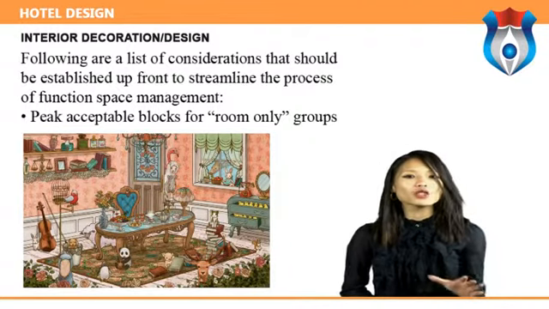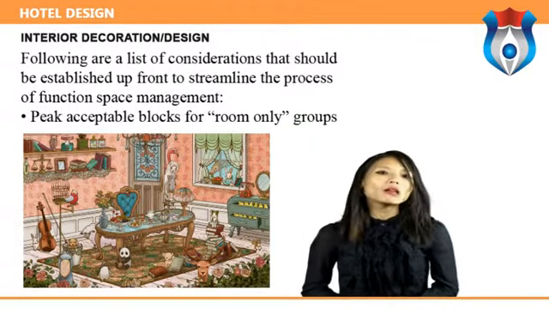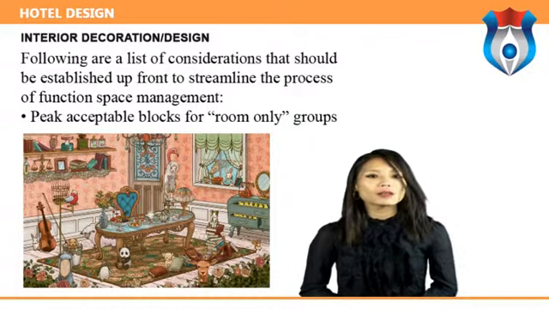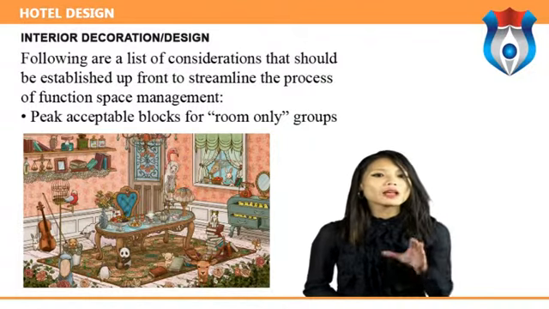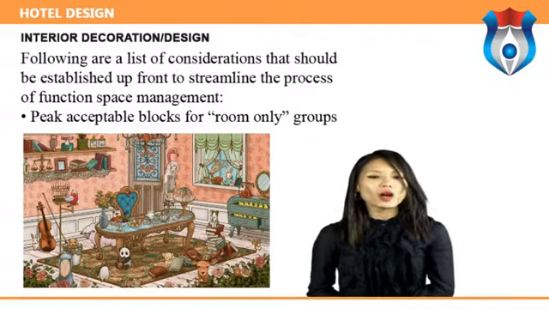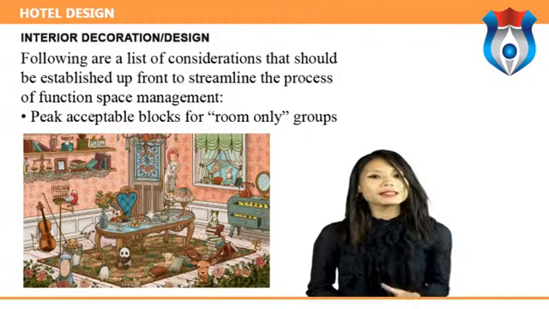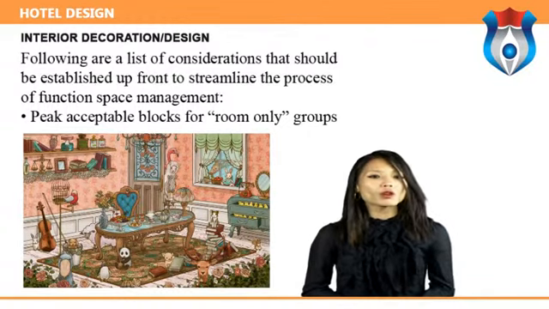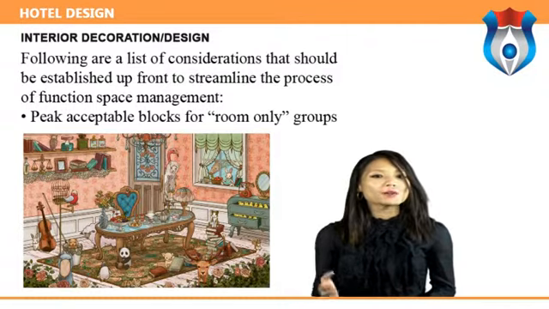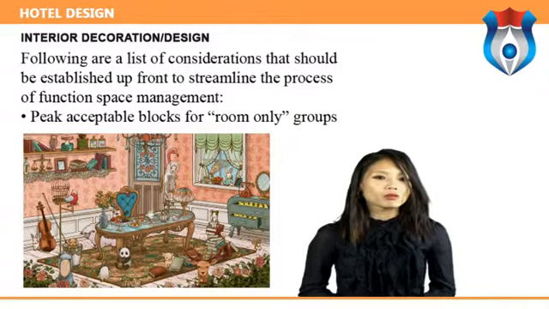This does not actually access function space, but unless there is an extraordinary amount of local catering demand for the property, this needs to be established to ensure the space does not go dark and fail to generate revenue during citywide conventions. Generally, this guideline is established by demand season, based on the amount of group demand anticipated and the odds of finding a space-heavy group to fill up those empty function rooms.